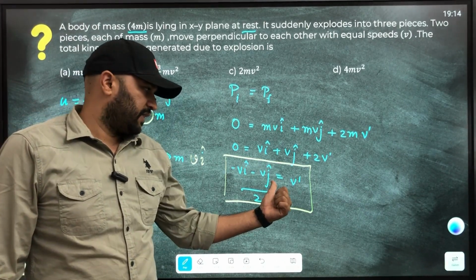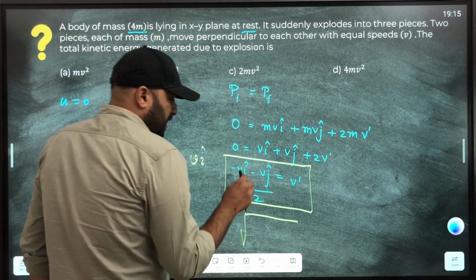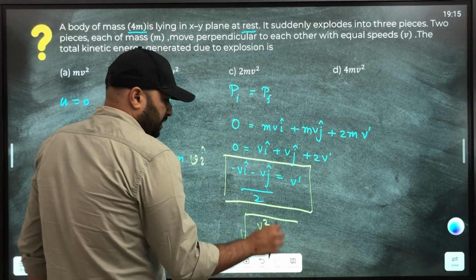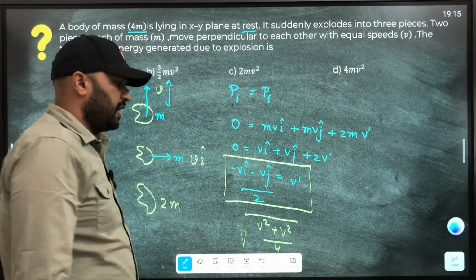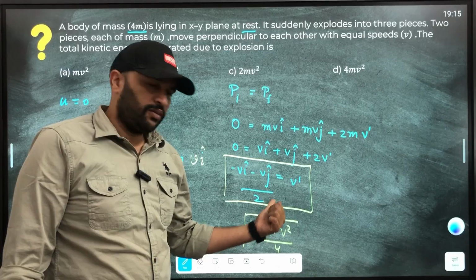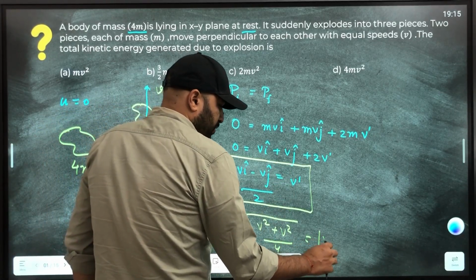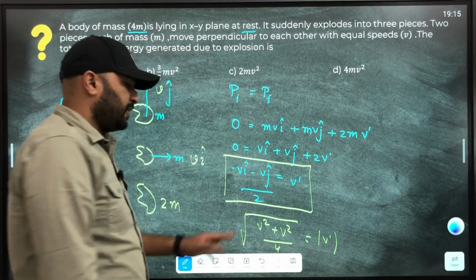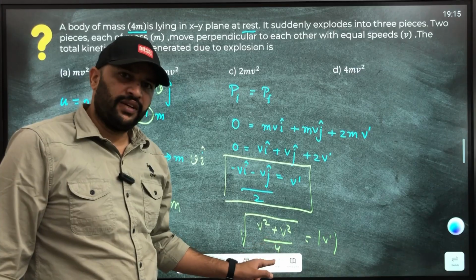Now we can find the magnitude of this. It will be root under v square by 4 plus v square by 4. I hope this is clear. That is the magnitude of v dash. V square plus v square is nothing but 2v square, and the 2 and the 4 cancel out, leaving v square by 2.